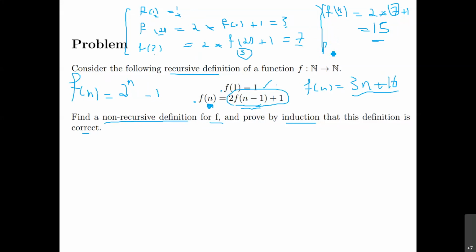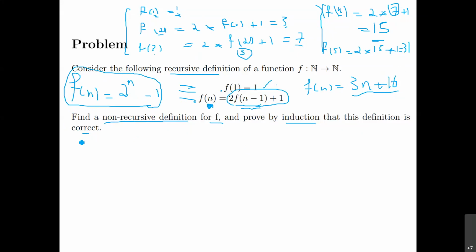Like f of 5, it's 2 times 15, which is 30, plus 1 gives us 31. And we know that 2 power 5 is 32, just short of that. Okay. So now we have our non-recursive definition. We want to prove it by induction. Now we want to prove that this is actually the same as this.